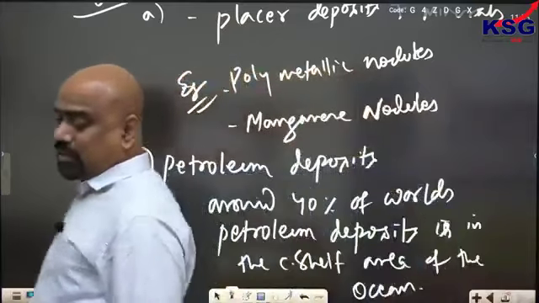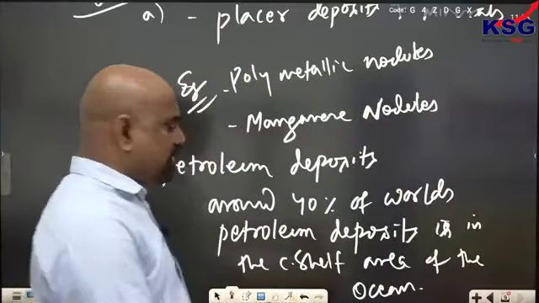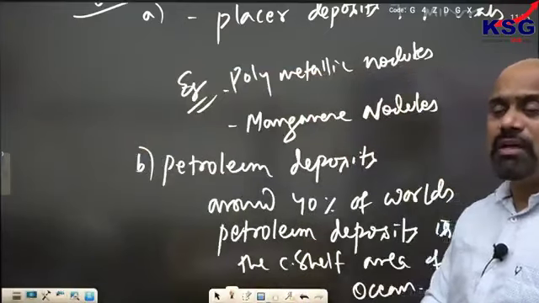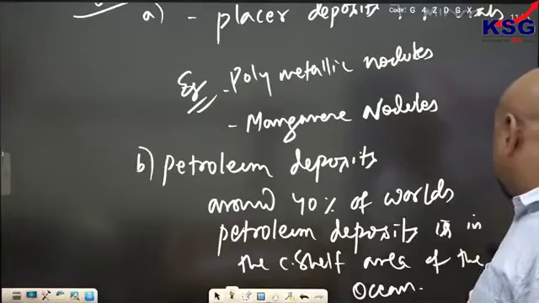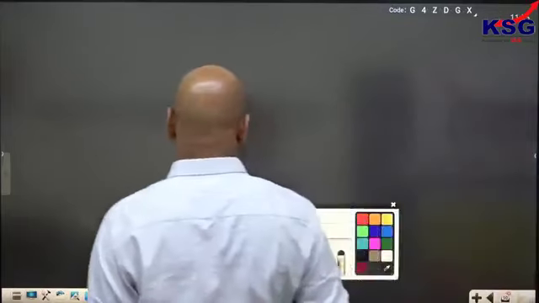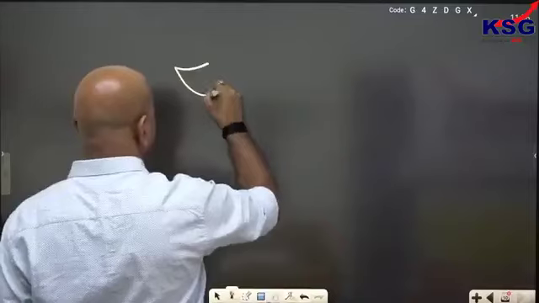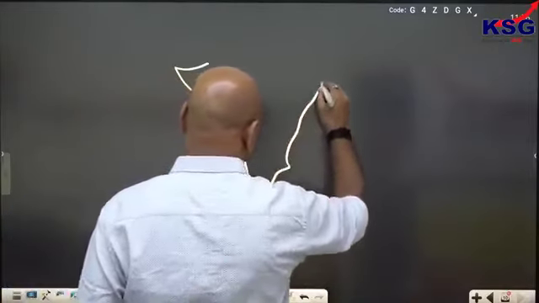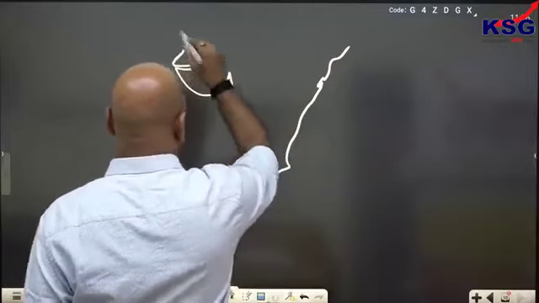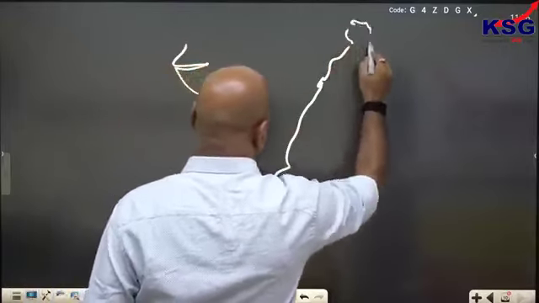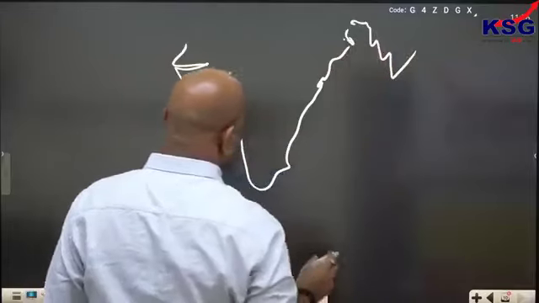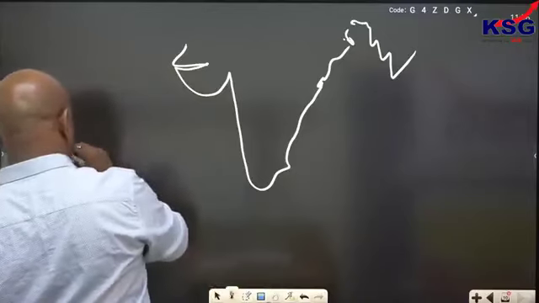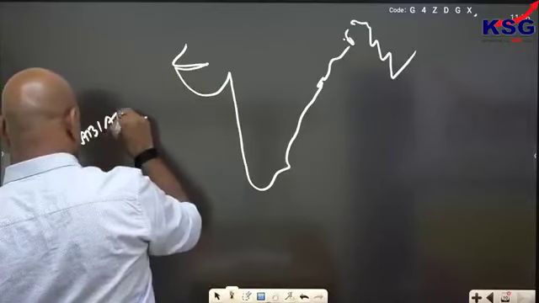Look at India. In India, which part of the continental shelf is wider? Can anyone tell me? In the Indian Ocean, which area will have more continental shelf, the Arabian Sea coast or the Bay of Bengal coast of India? Tell me.